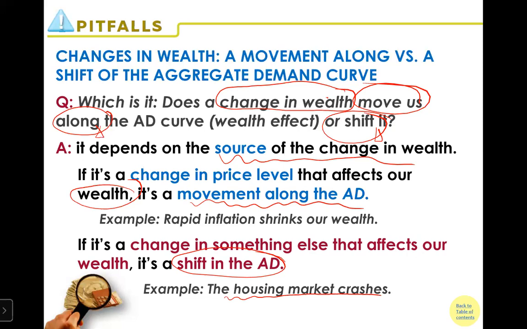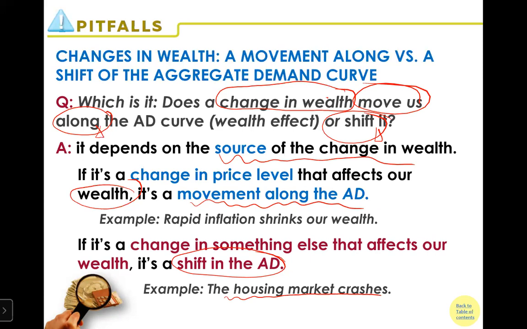If the change in wealth comes from, say, inflation or deflation, we will stick with the original aggregate demand curve, which is a move along the curve.